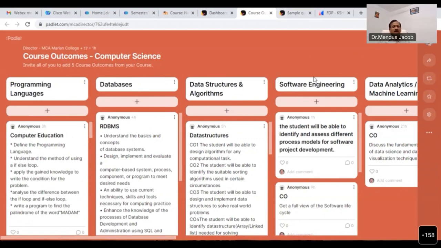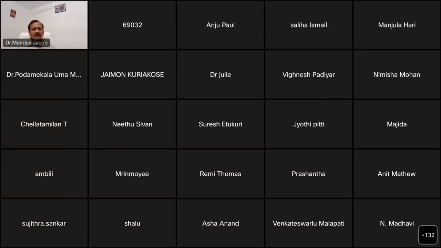Okay, so this Padlet activity, you can do it. Then, coming to the LMS, there is one more activity provided there.